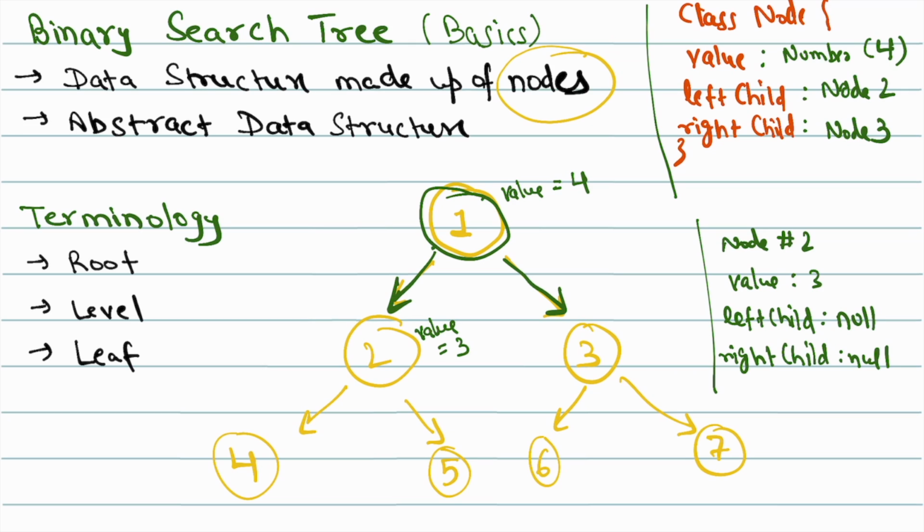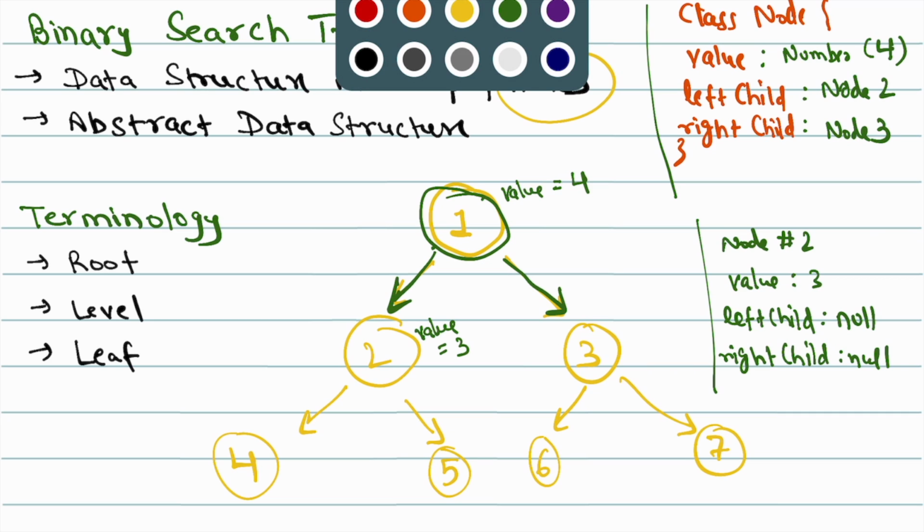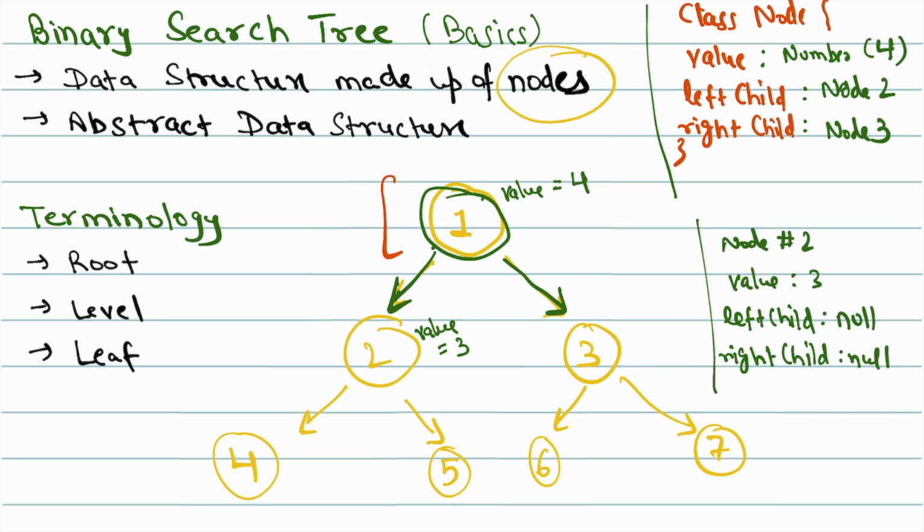The first node in a tree is called the root node. So this one is the root node. The nodes which don't have any children are called leaf nodes. If you see these 4, 5, 6, 7, they don't have any further children. So all these are leaf nodes.